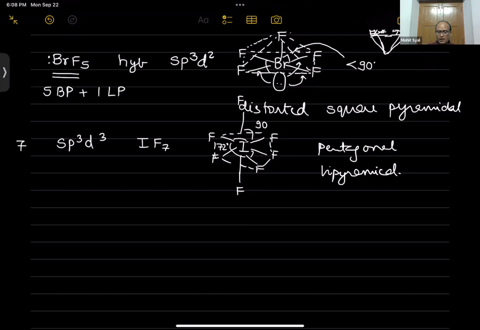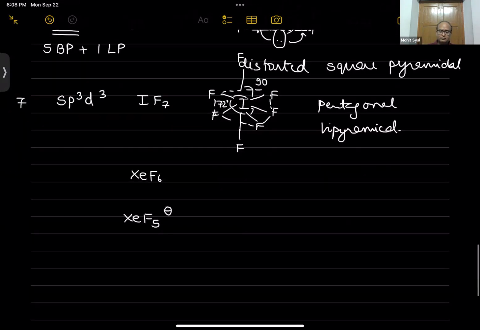Now we will take two examples. One is XeF6, another is XeF5 minus. Whenever there is a minus, put one more extra electron on the central atom.